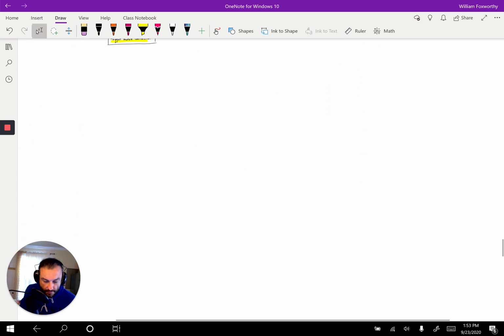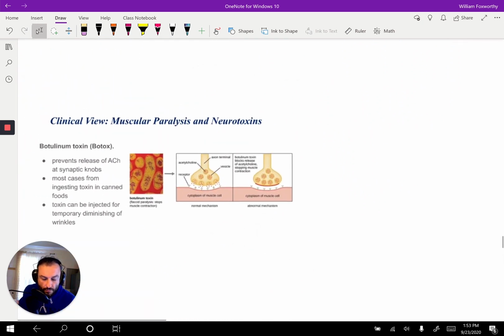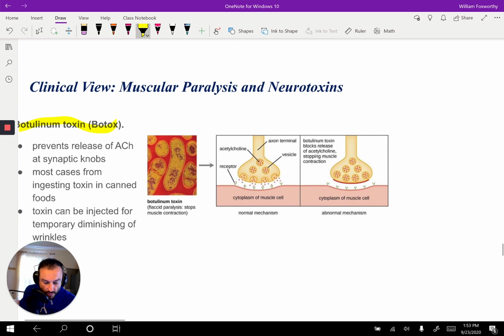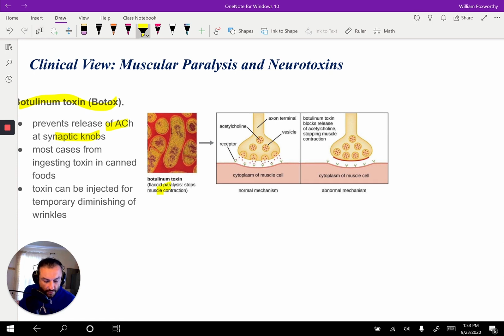All right. I'll talk about some Botox. Botox is a toxin that prevents the release of acetylcholine from your synaptic knobs. If you never release acetylcholine, then your muscle cell will never be stimulated to contract, and so that causes paralysis.